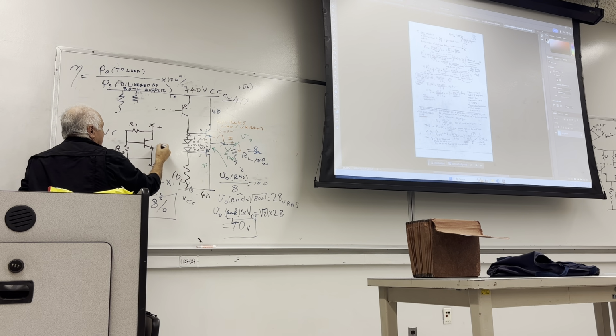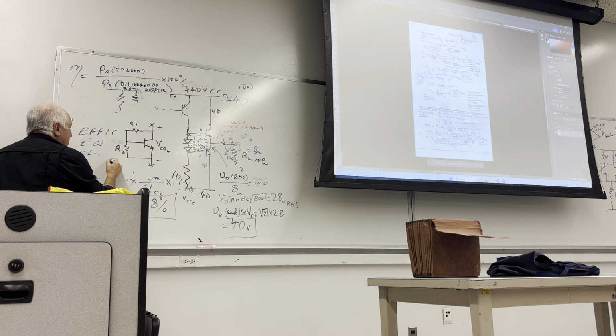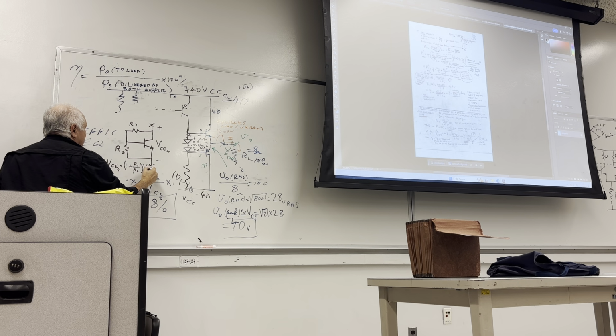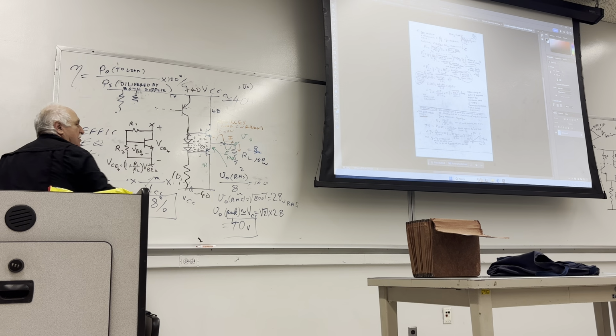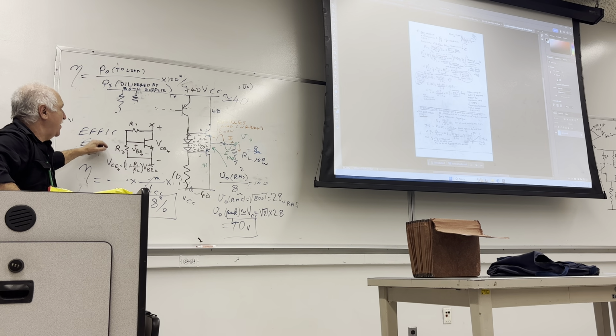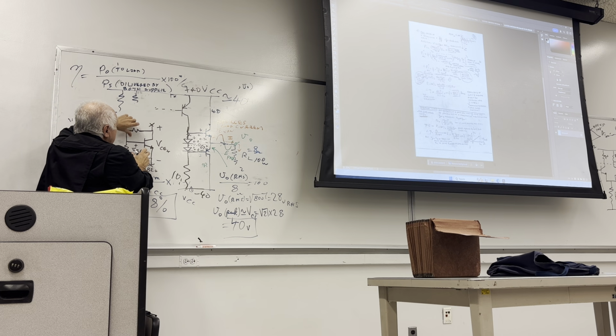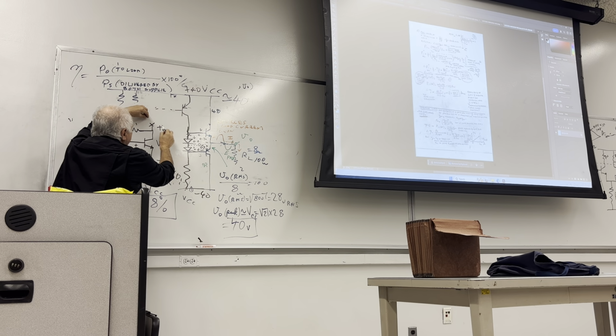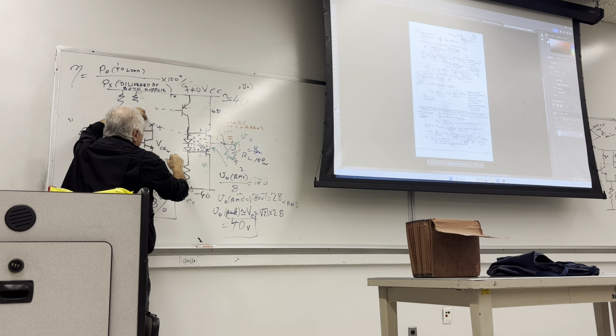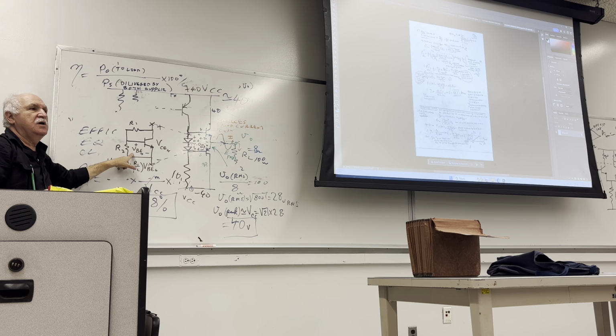The voltage in here, VCE of transistor 4, will be equal to 1 plus R1 over R2 multiplied by VBE of transistor 4. This is the VBE. It's a standard trick that you can build a circuit like that, replace both diodes with this type of circuit.